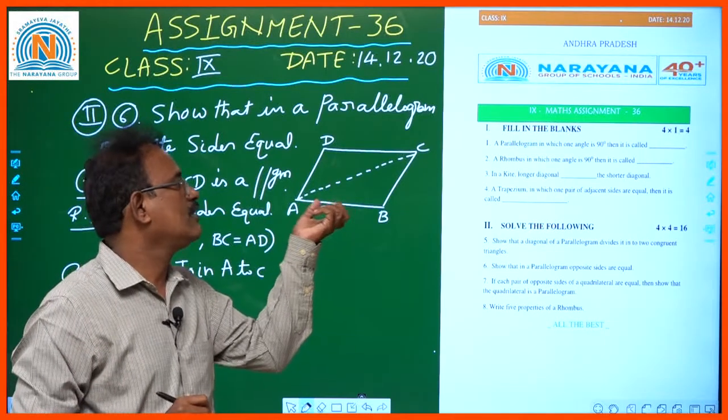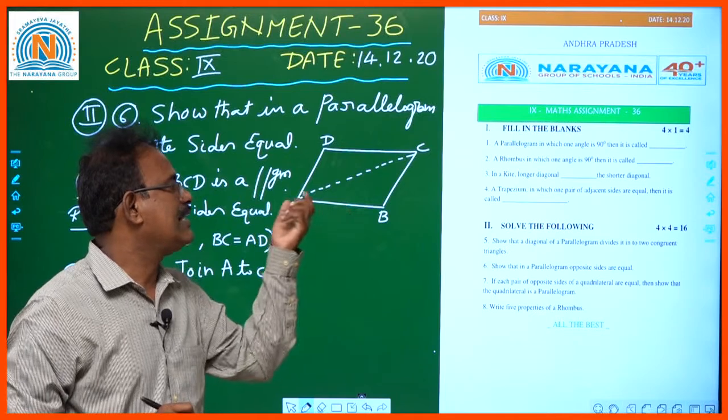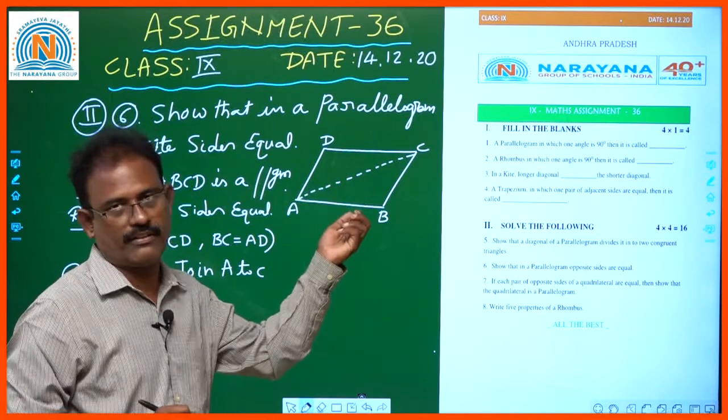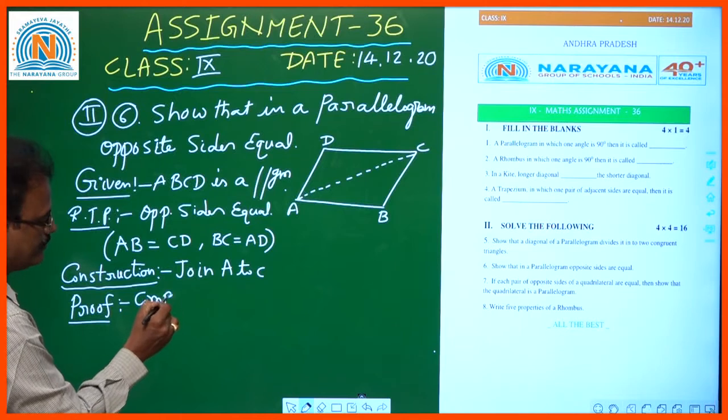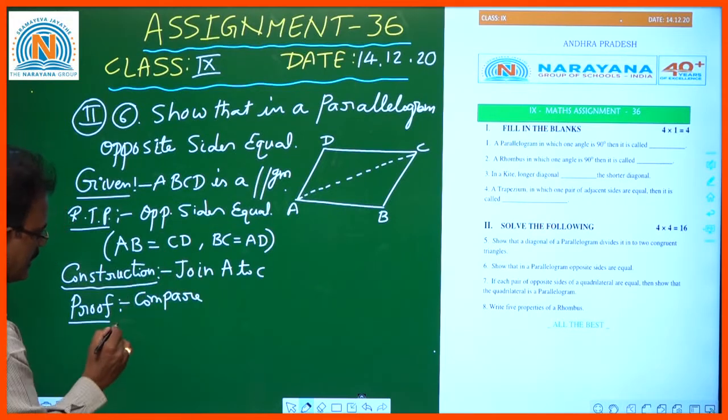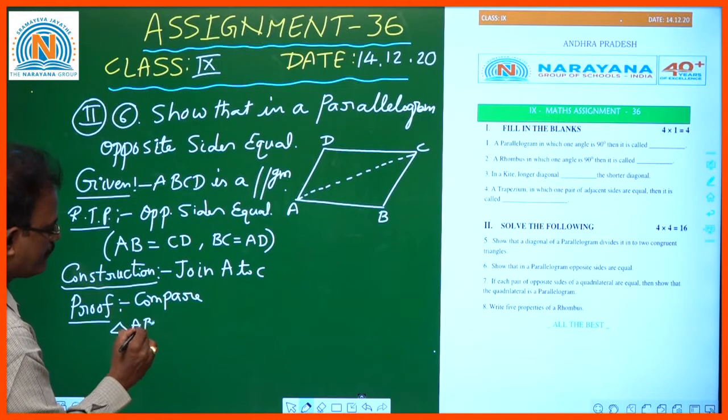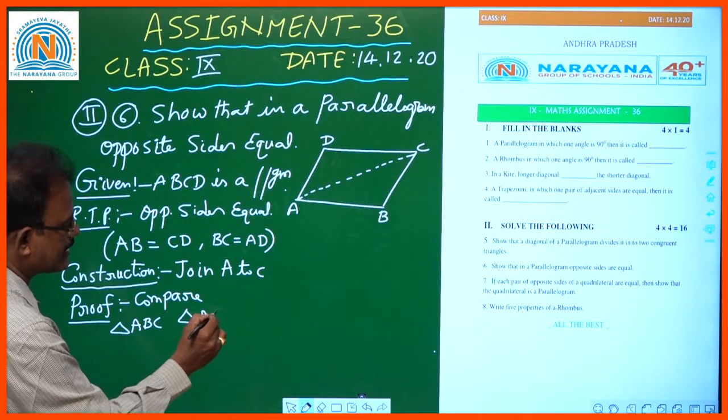Children, already we proved, okay, by side axiom these two are congruent. Let us compare one more time. Compare triangle ABC, triangle ACD.